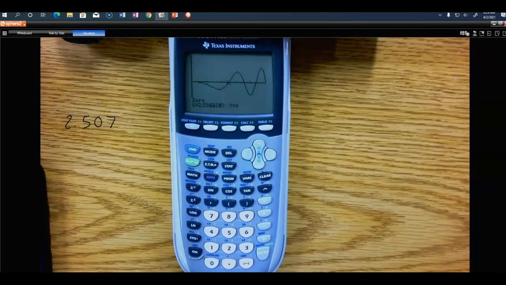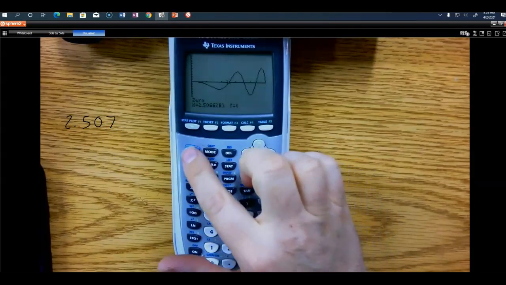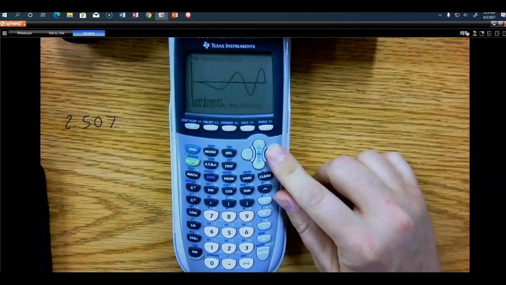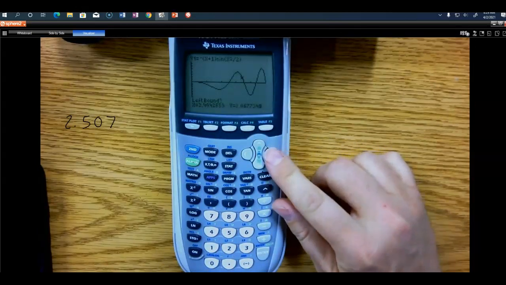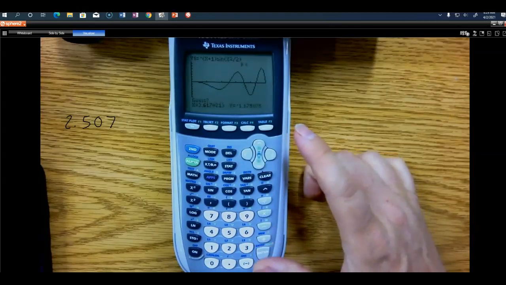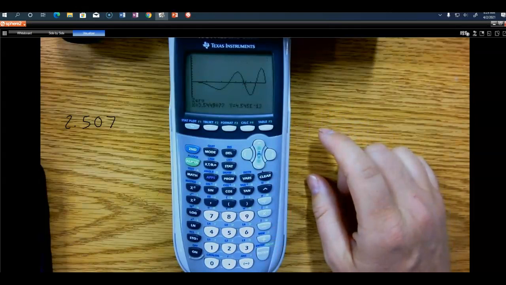Let's go ahead and find another one. So we're going to push second, calc again, number 2 again, and we're going to scroll to the left of the next point, enter, and then to the right of the next intercept, enter, and then enter again. And the next one is at 3.545.